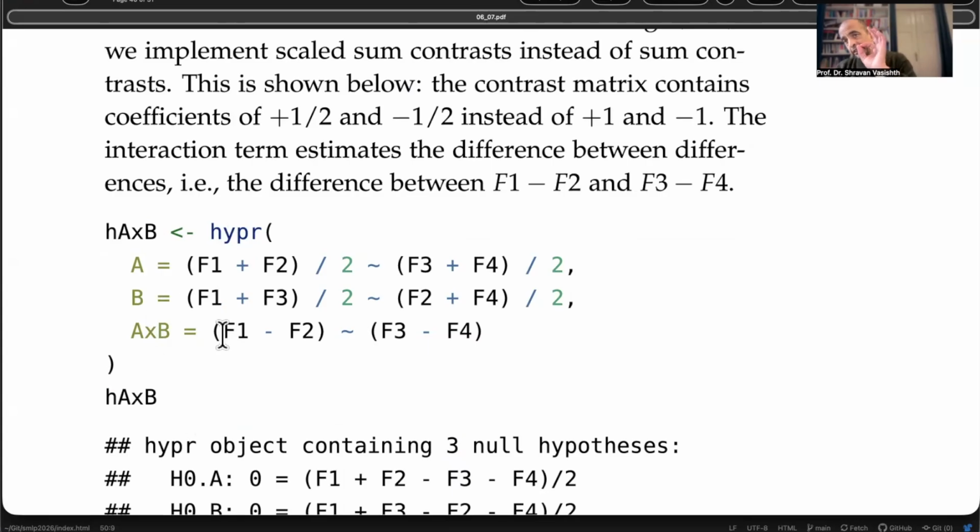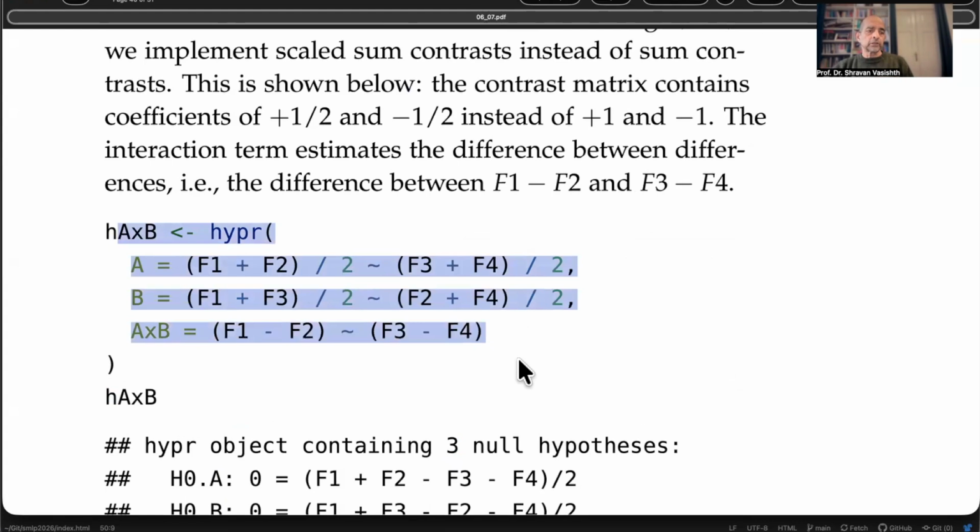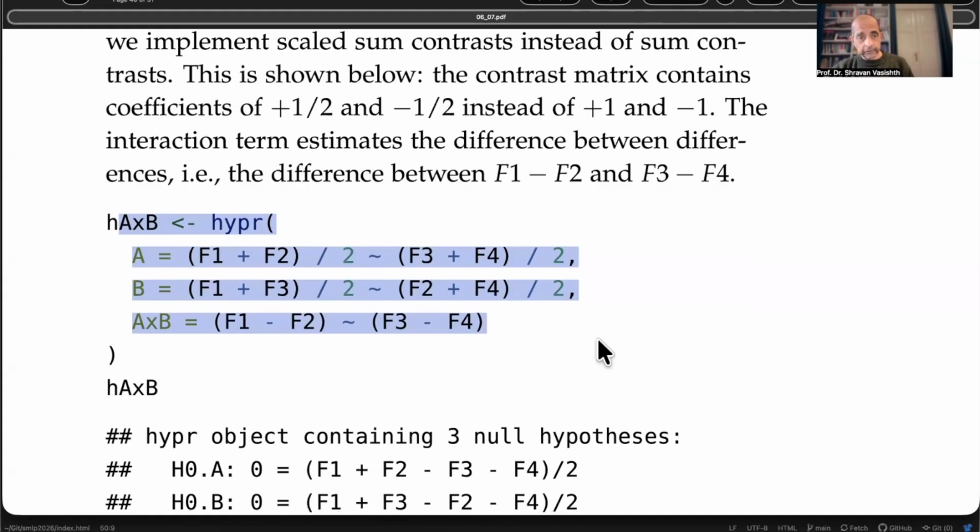The important difference now is that what's useful about the hypr package is that you are starting by explicitly writing out your hypothesis tests. That's the usefulness of it. You can be very explicit, and this is, of course, just a standard omnibus ANOVA. It's not a big deal, but the usefulness of it is when you want to define custom contrast codings. That's when the hypr package becomes really useful, right?